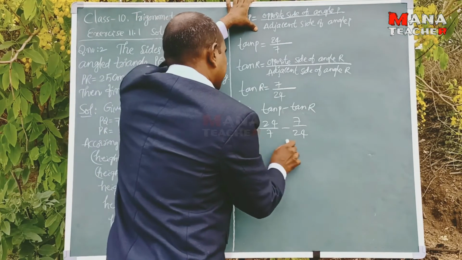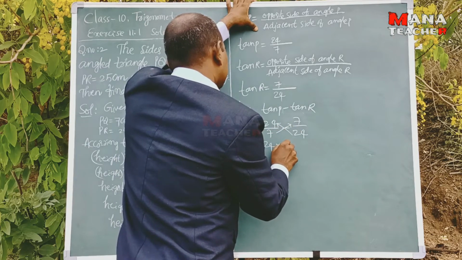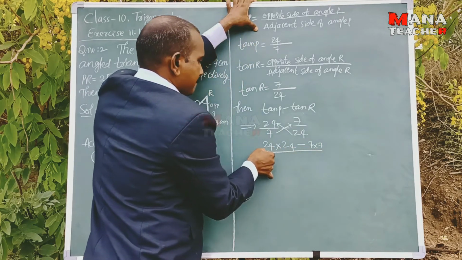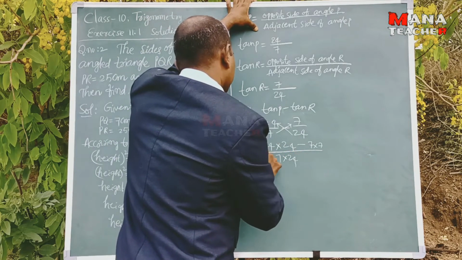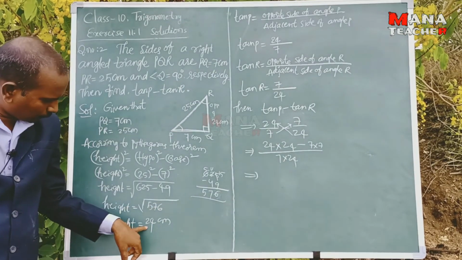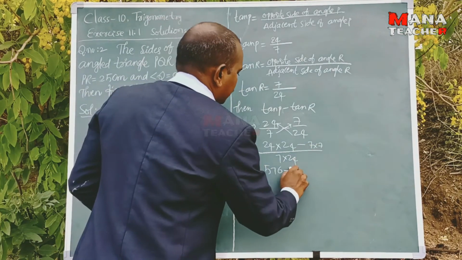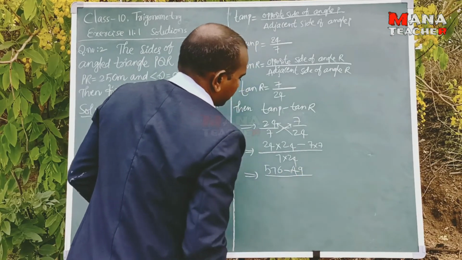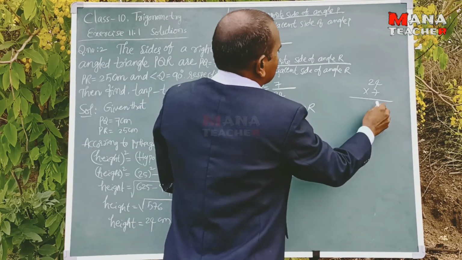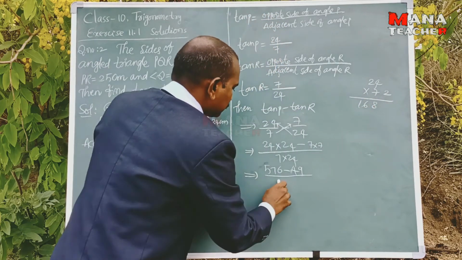By cross multiplication, 24 into 24 minus 7 into 7 by 7 into 24. 24 into 24 is 576, minus 7 into 7 is 49, by 24 into 7, which is 168.